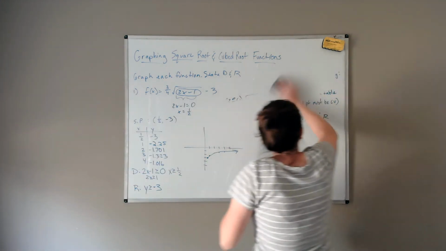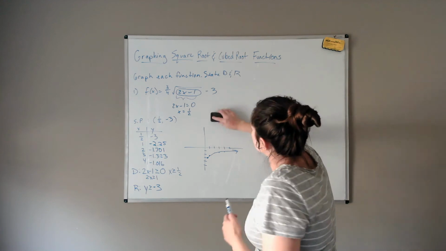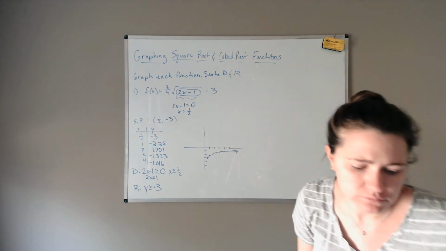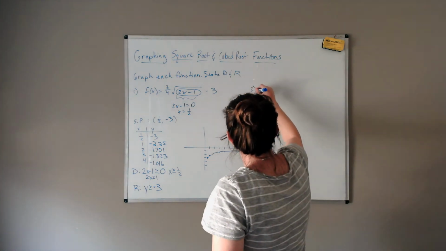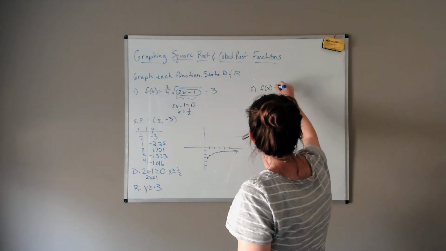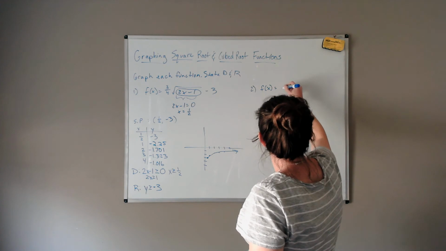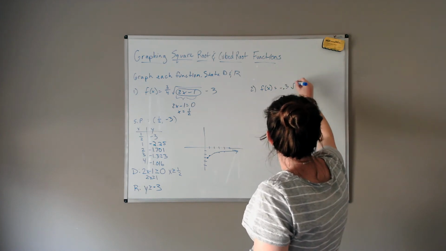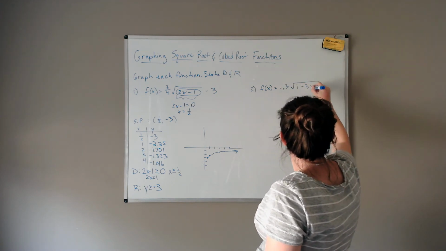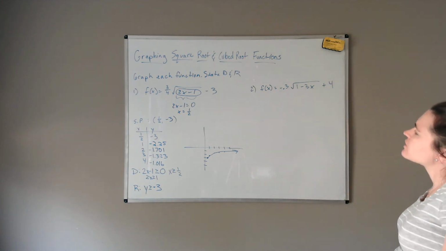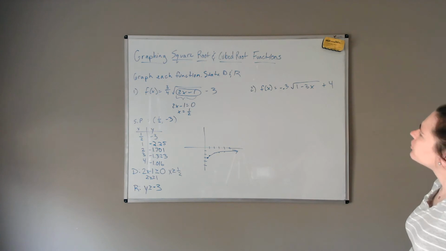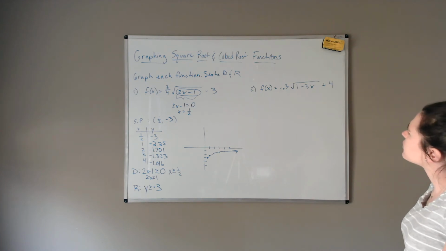Number 2. f of x equals negative 0.3 times the square root of 1 minus 3x, plus 4.